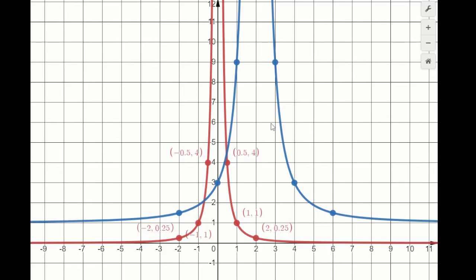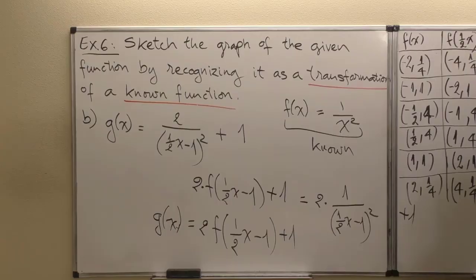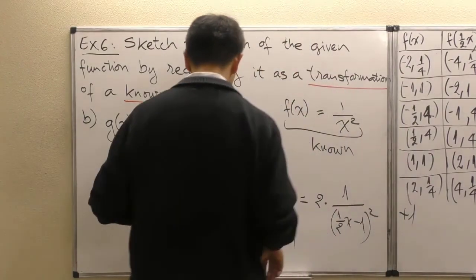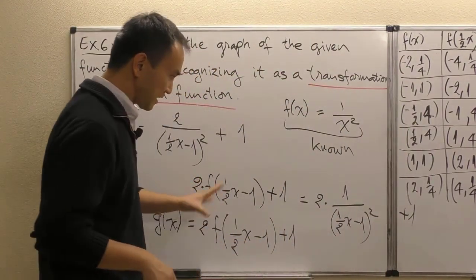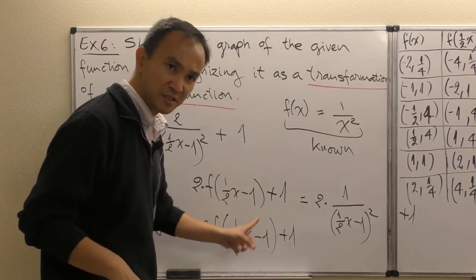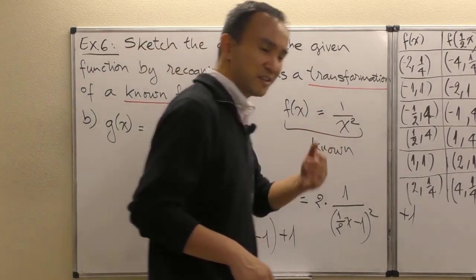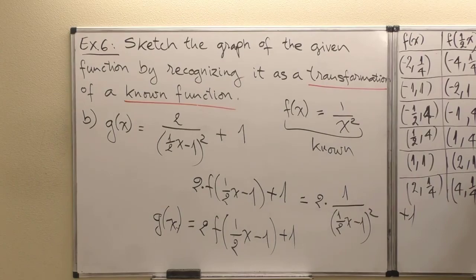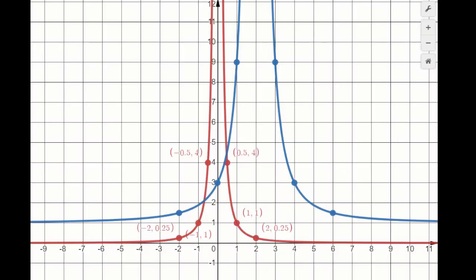And so that shifting here is consistent with the fact that we had, I erased it here, but it was 1/2 times in parentheses x minus 2. That's why this graph in blue has that vertical asymptote at x equals 2.